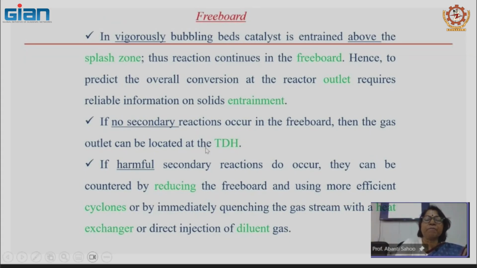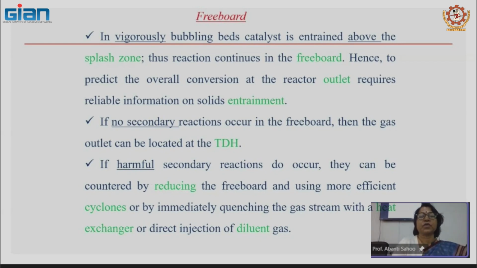For that, TDH, transport disengaging height, these we will be studying in the hydrodynamics also. So, in the freeboard region some reactions will take place. As a result, through this the product gas will be lost. So, accordingly we should have a proper aspect ratio, so that the carryover entrainment will be restricted below the TDH, not above the TDH, and freeboard should be below the TDH also.